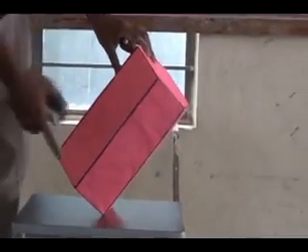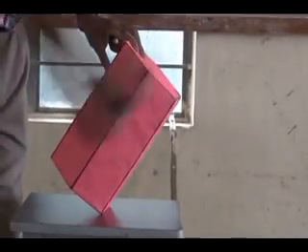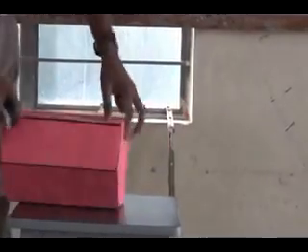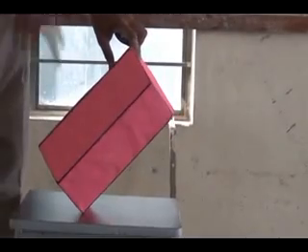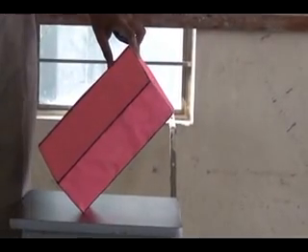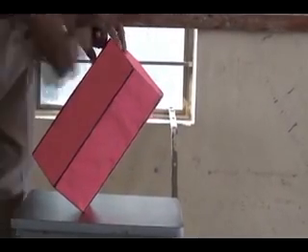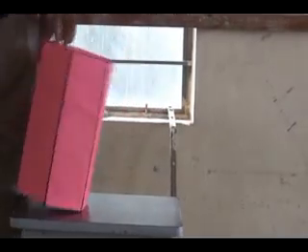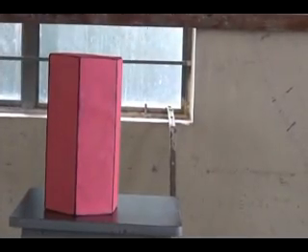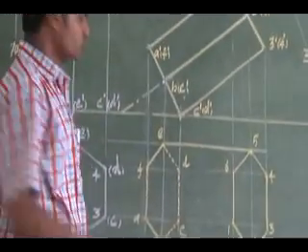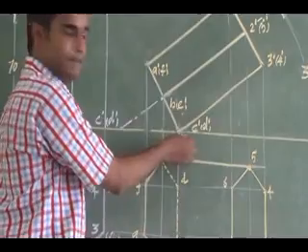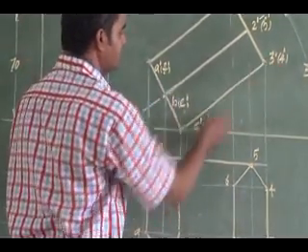The side vertical edges are nothing but the vertical edges of this prism. The 4 vertical edges of the prism in this tilted orientation are visible, and two of the vertical edges are hidden, that is, below the axis. So below the axis, whatever side edge I have, CD and 3, 4.